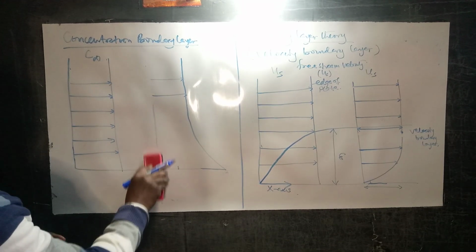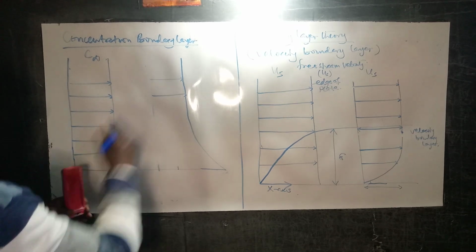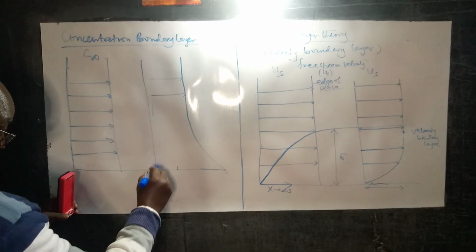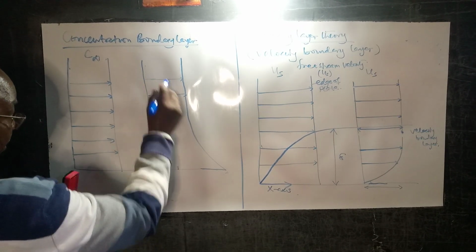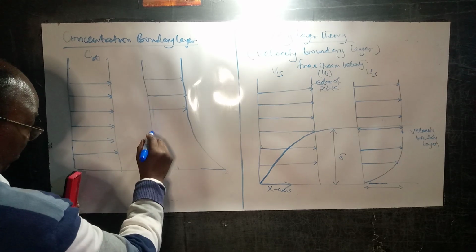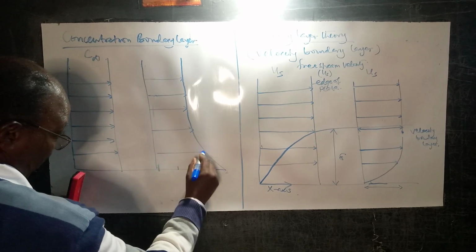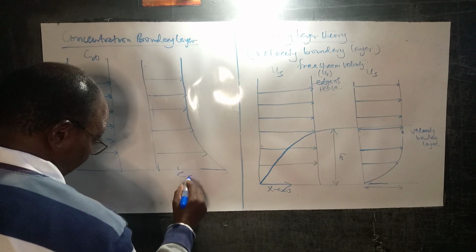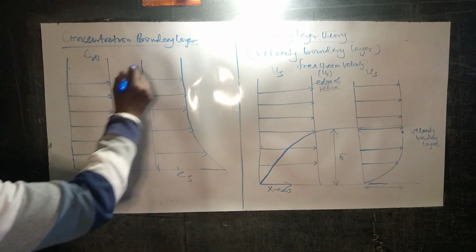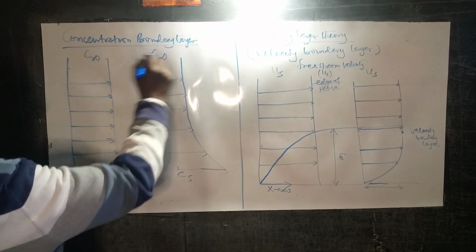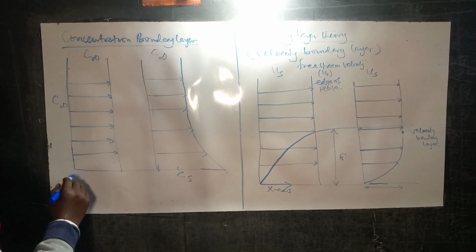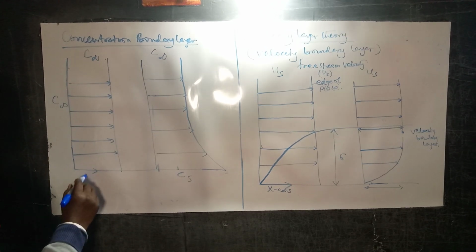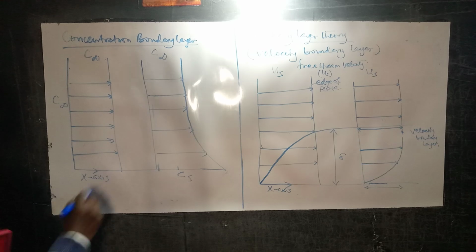Still looks a bit small, so let's push it a bit bigger so that it looks about the same. This is concentration. Of course, this is our x-axis.